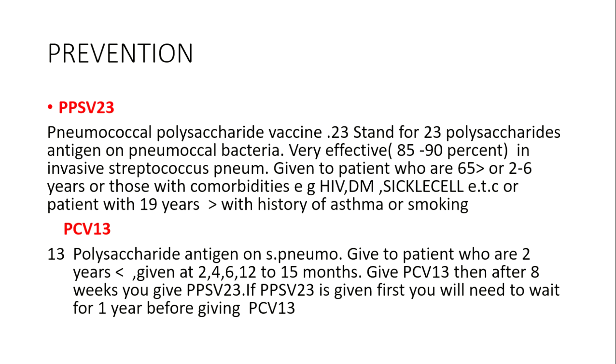You give it to patients who are greater than 65 years of age, or 2 to 64 years, or those with comorbidities, e.g. HIV and AIDS, diabetes, sickle cell, asthma, those chronic diseases, multiple sclerosis, any other chronic disease. You can give this vaccine, PPSV23, and 23 stands for 23 polysaccharide antigens on pneumococcal bacteria. It's effective 85 to 90% on invasive Streptococcus pneumoniae.